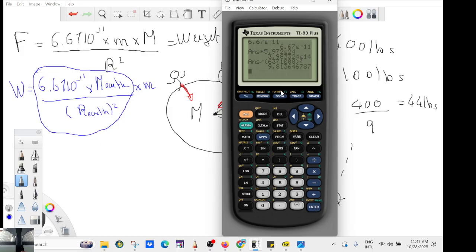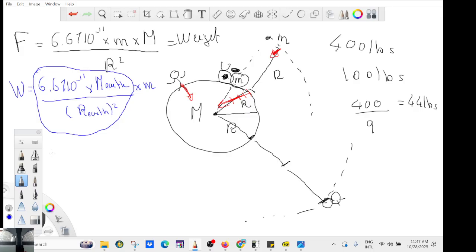9.8. Yeah, we get the acceleration due to gravity, we get the 9.8. So you find the weight on Earth is mass times 9.8, and that 9.8 is this.